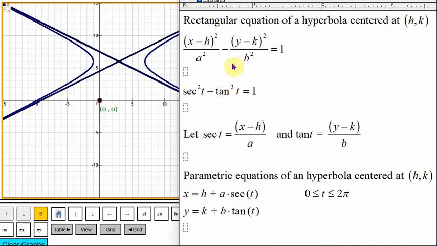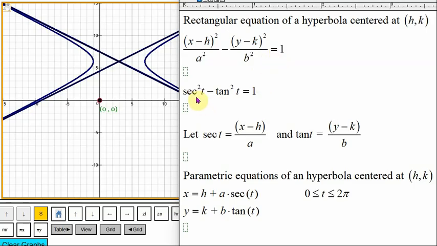And now let's get the parametric equations for the hyperbola. Recall the rectangular equation of a hyperbola with the center at h, k will be x minus h squared over a squared minus y minus k squared over b squared equal to 1.